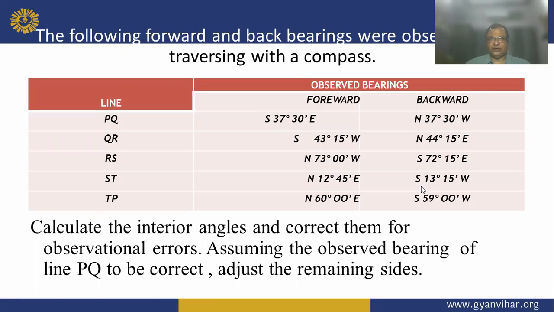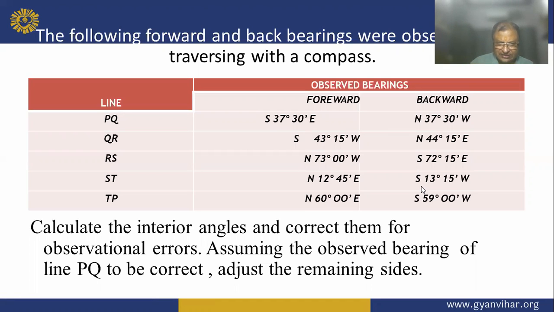Now the following forward and back bearing of traversing with a compass. So this is the forward bearing and this is the back. This is the point. If you calculate and find that is the forward bearing, the next will become backward.